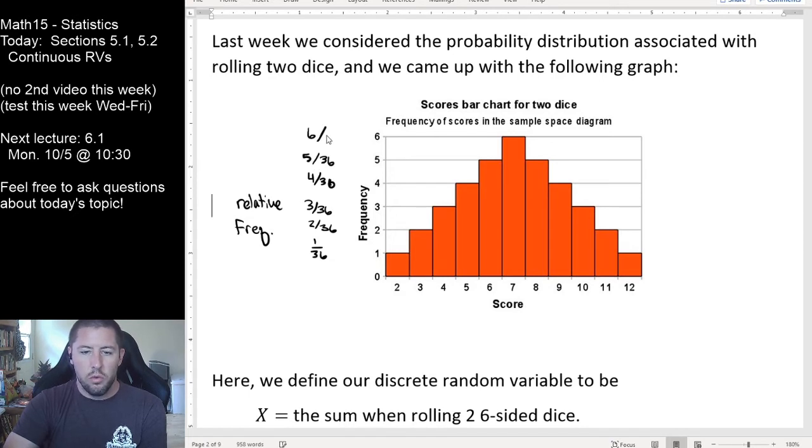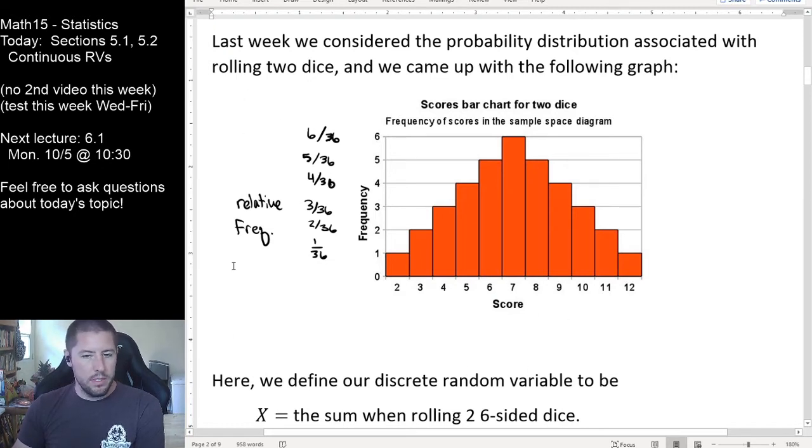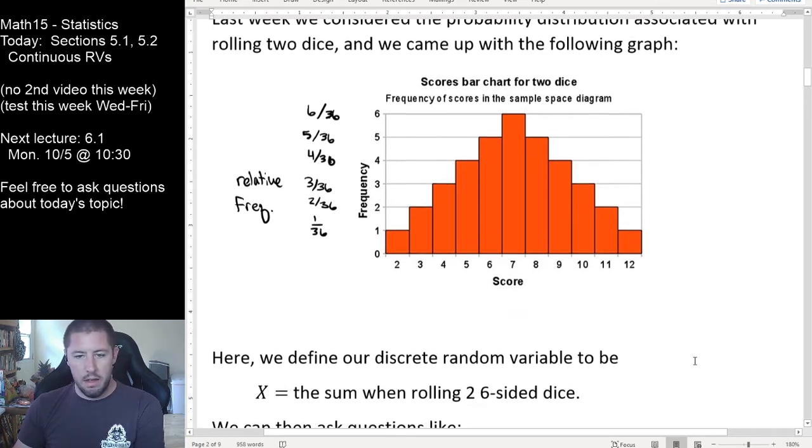So these were our relative frequencies associated with each of these different outcomes here. We expect that on average, 6 out of 36 rolls of 2 dice will give us a sum of 7, stuff like that. So we can read that off of the table here. So this relative frequency column is going to be slightly more valuable for us in interpreting how this discrete stuff is related to our continuous stuff here.